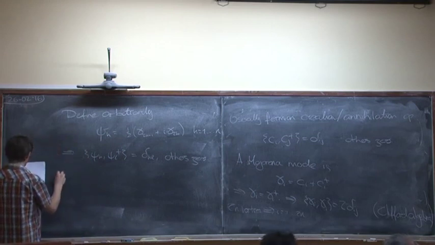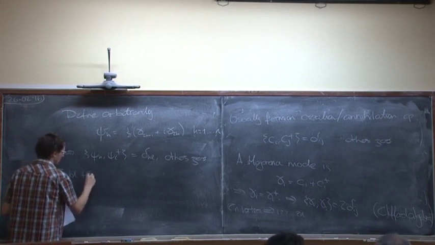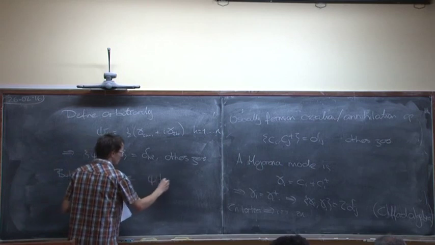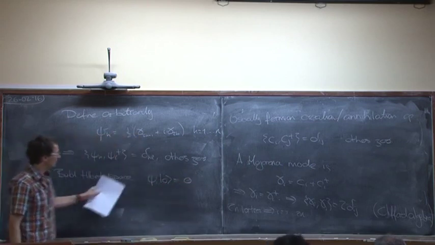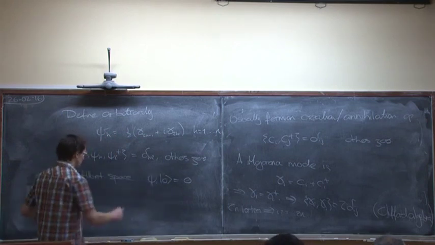Okay, so you build the Hilbert space. Well, how do you do it? You just insist that the annihilation operators kill the vacuum, and then you just hit with creation operators. So what do you get?